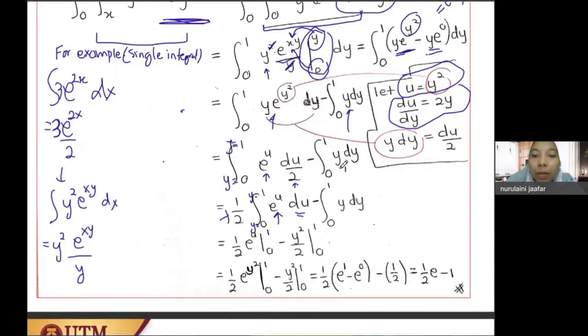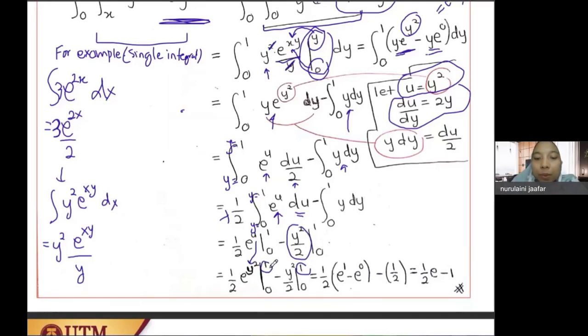Alright, then integrate y. Integrate y, we get y squared over 2. Right? And then what you should do, you replace u again with y squared. Okay, here. So you will get 1 over 2 e to y squared minus y squared divided by 2. Okay, integrate from 0 to 1. You substitute the limits.